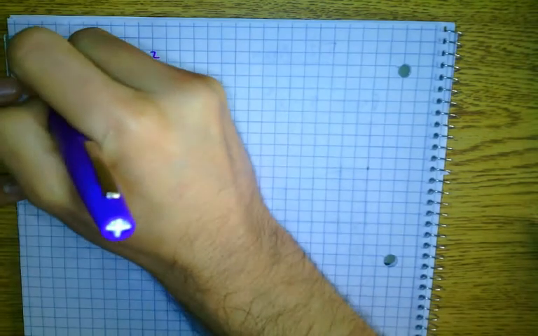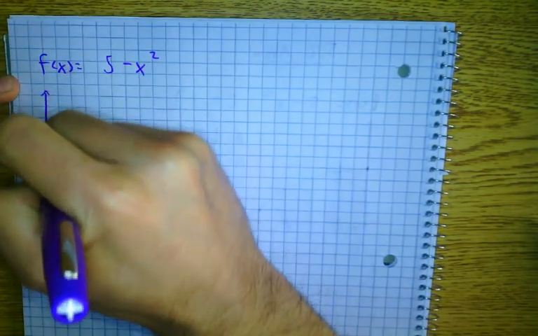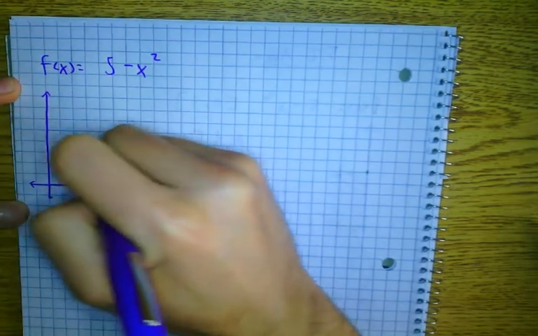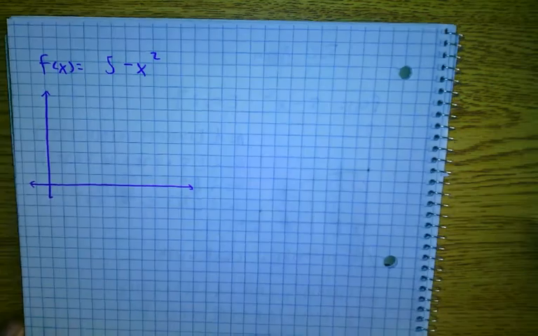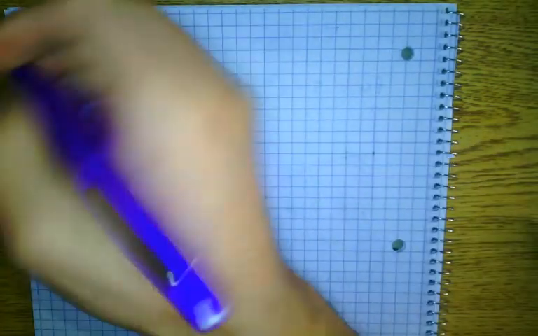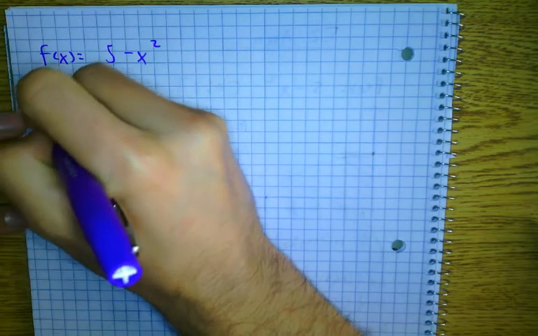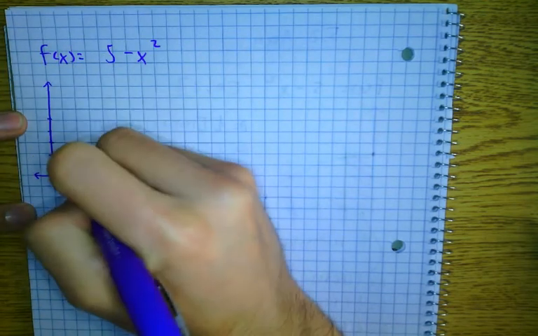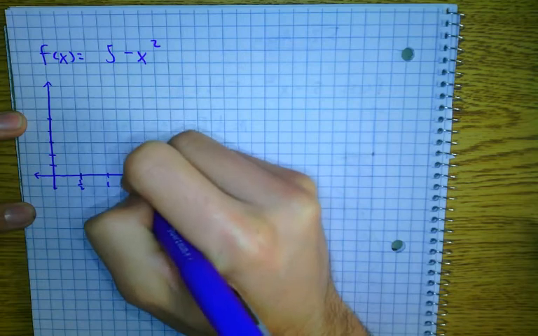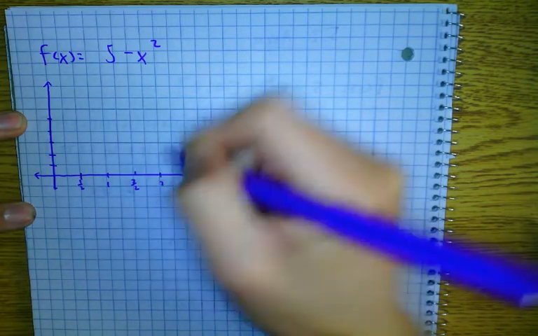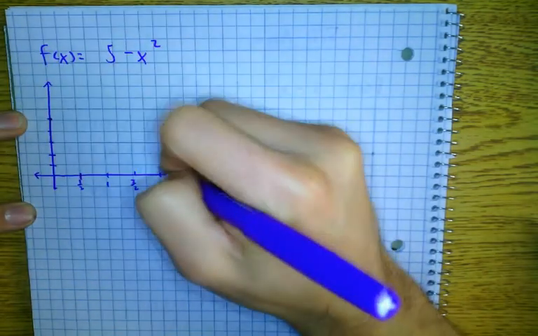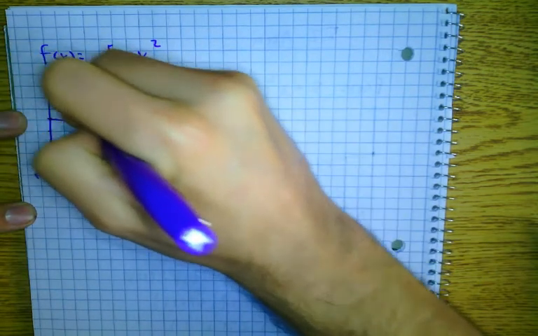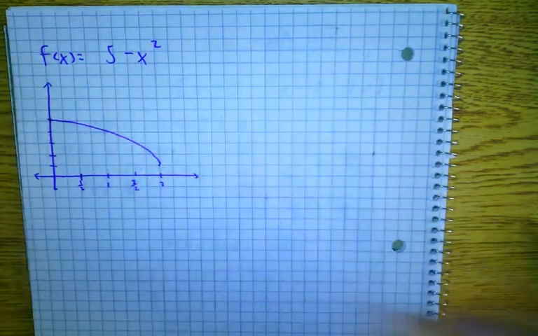So once again, I'm going to sketch this out. 1, 2, 3, 4, 5, 1/2, 1, 3/2, 2. So we're there, and here's what it looks like, right?